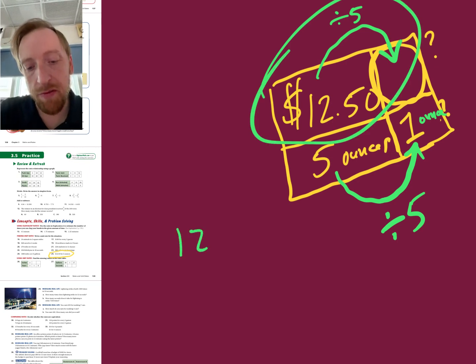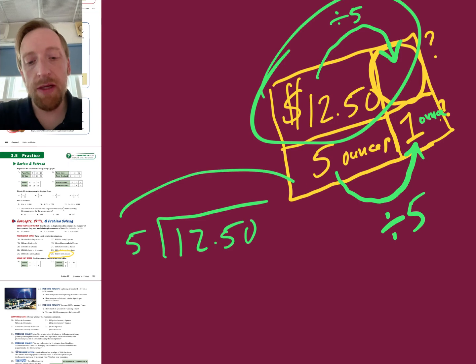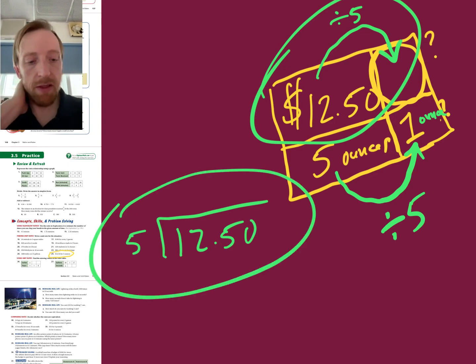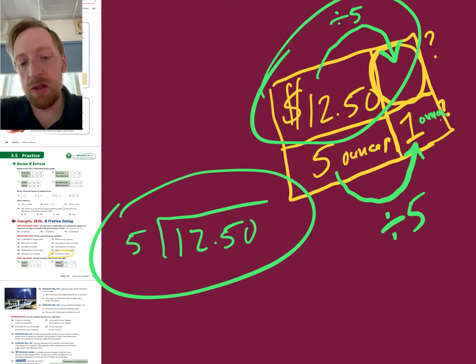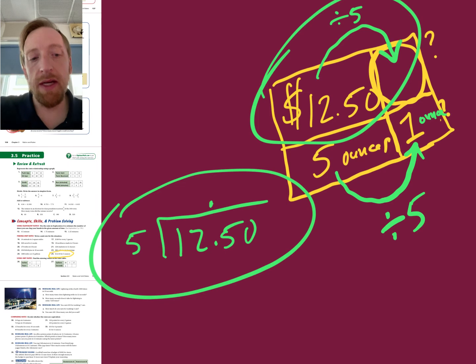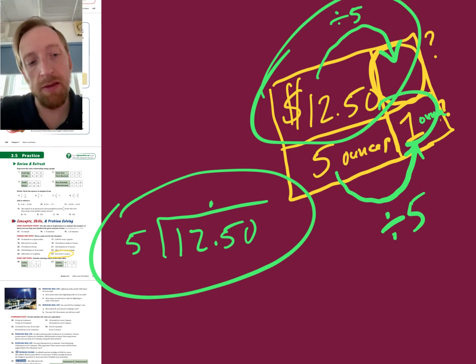So I go 12.5, and I can keep that 0 there, just to keep it consistent. So 12.5 divided by 5. And then I would just do my typical math, and I don't need to go over this because we've had previous units where we studied this stuff. Just make sure when you have a decimal that you raise it up, and you're going to get some amount that tells you how much 1 ounce is, right?